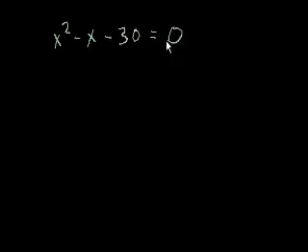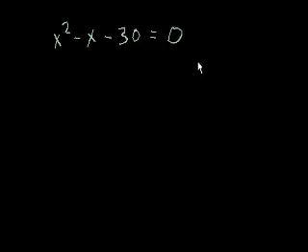Let's do one more problem. And this one I'm just going to cut to the chase. Let's just solve x squared minus x minus 30 is equal to 0. Once again, two numbers, when we add them, they equal, what's the coefficient here? It's negative 1.